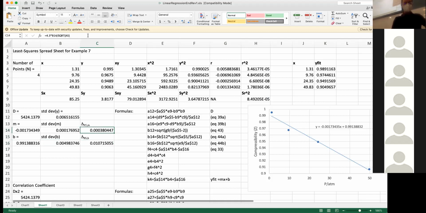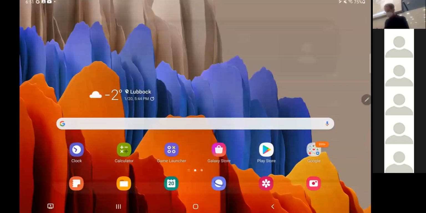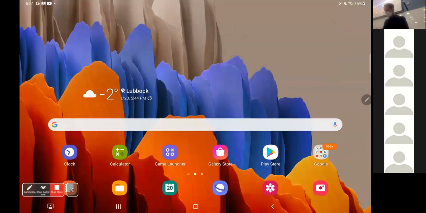And then the 95% confidence intervals. The first thing that we want to do is look up which student T factor to use. So we're going to go to the table.